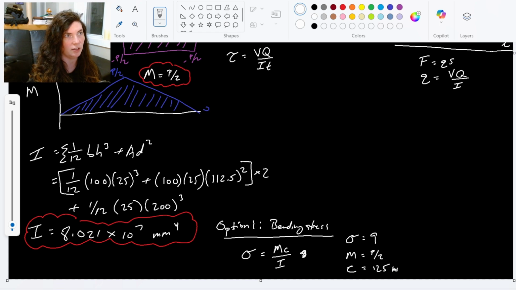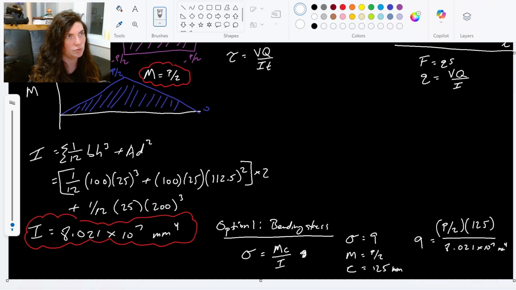It's the same value as the centroid. So I can go ahead and plug everything in. 9 megapascals equals P over 2 times 125 over 8.021 times 10 to the 7th millimeters to the 4th.